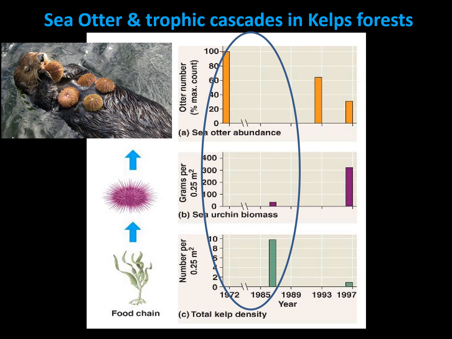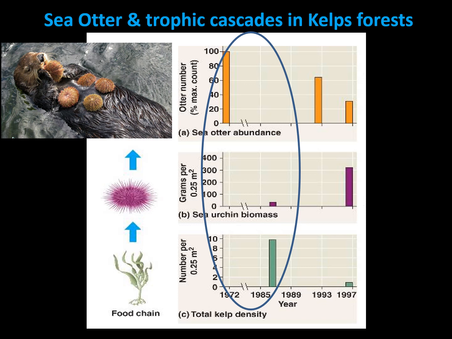Well, to sum it up simply, when sea otters are higher in number, higher in density, there's a huge predatory pressure on sea urchins. And when sea urchins are lower in abundance, you are going to have more and more kelp growing over there.